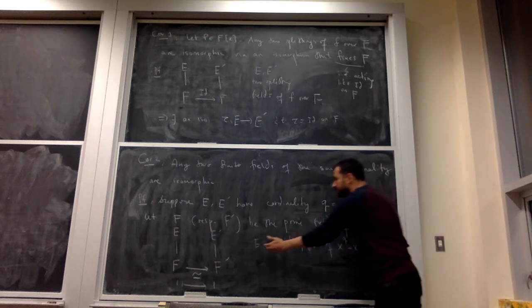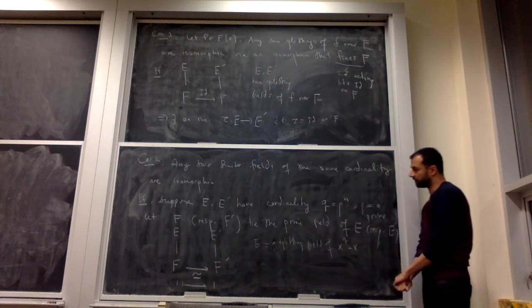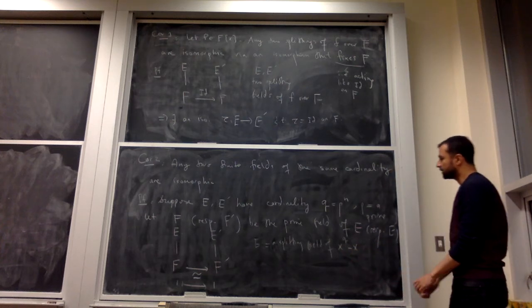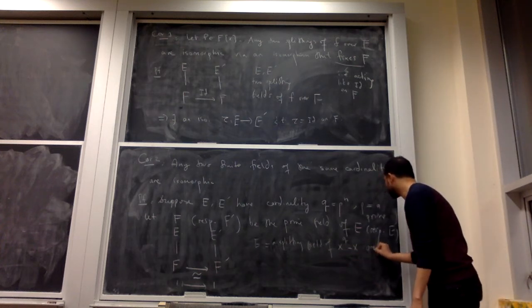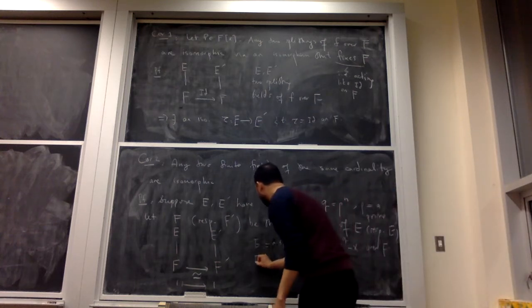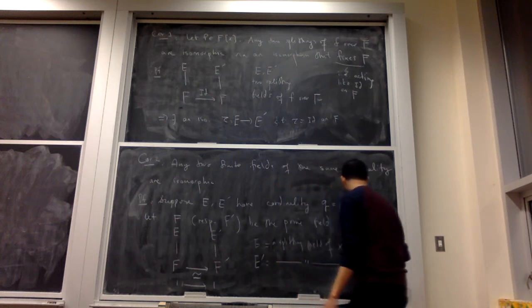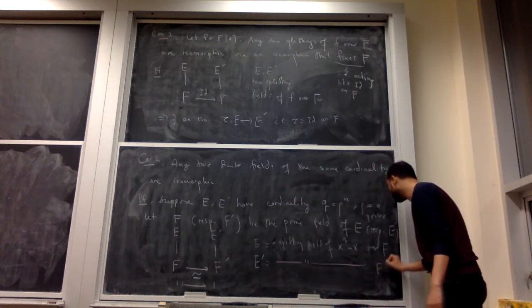And then every element of E is actually a root, so E will be the splitting field of this polynomial. So splitting field of this over the prime field F, and then similarly E prime is a splitting field of the same polynomial over F prime.